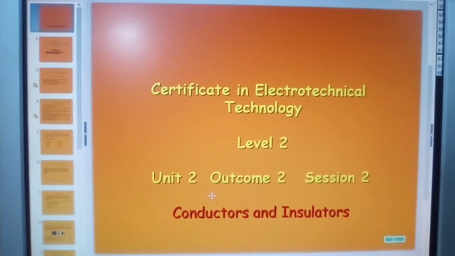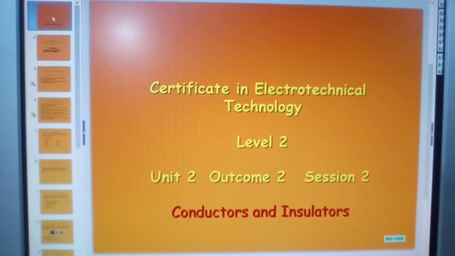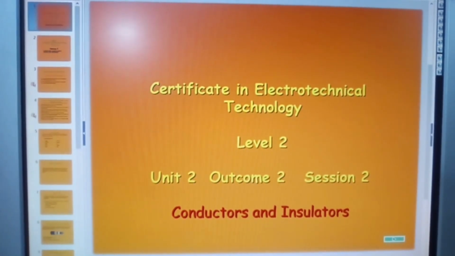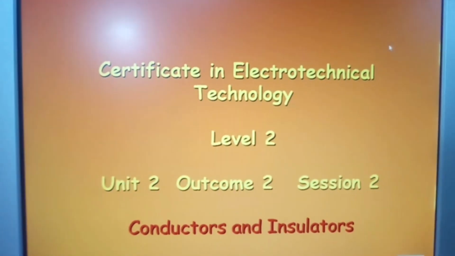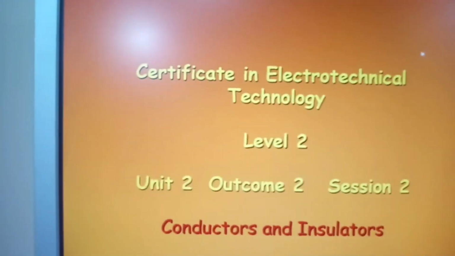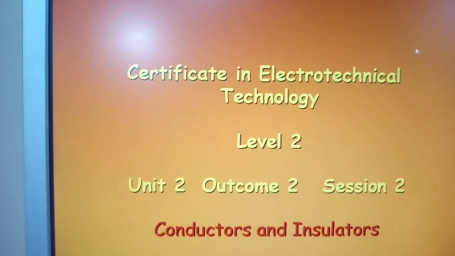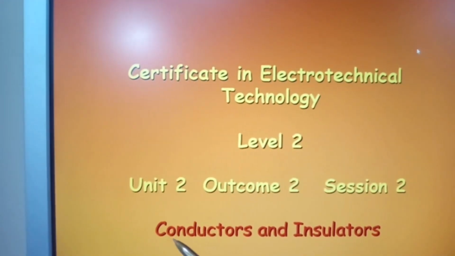Now let me just see if I can get into a slide view. One second, bear with me. First slide. Okay, right, that's our view, and what we're going to look at here is conductors and insulators.